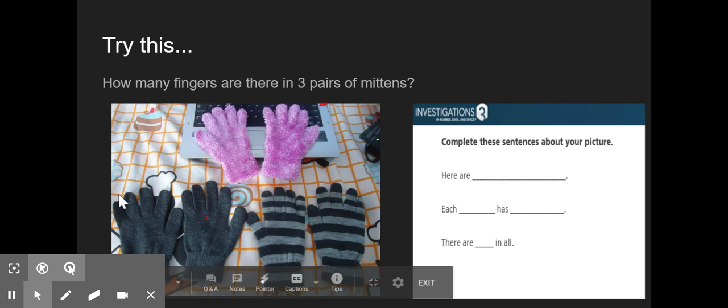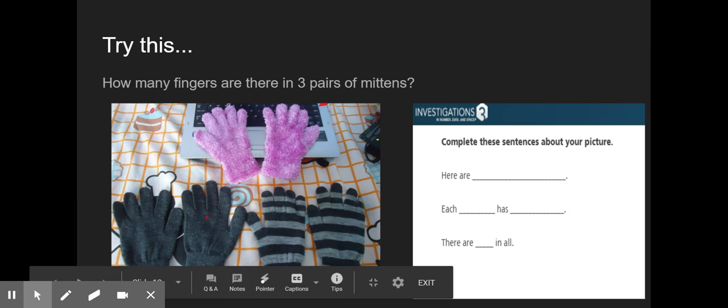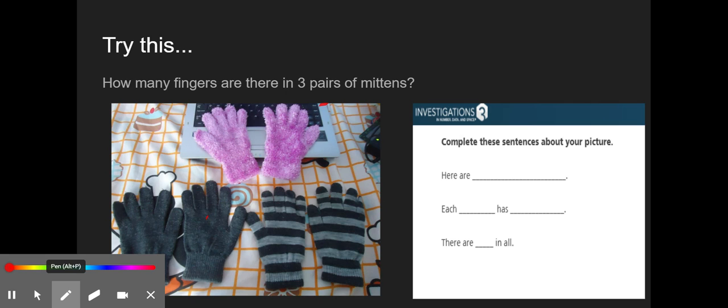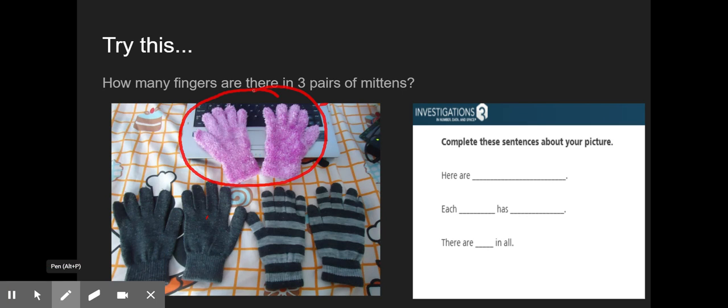Let's try another problem. How many fingers are there in 3 pairs of mittens? Well, this is an interesting problem because a pair of mittens means that I have 2 mittens. And I know that this one has 5 fingers and this one has 5 fingers.